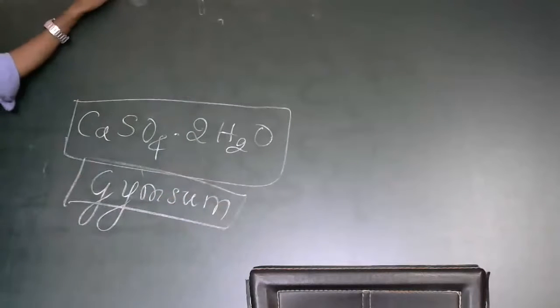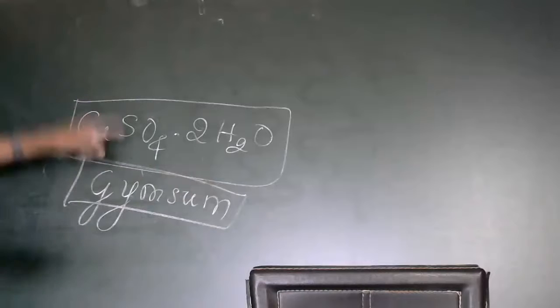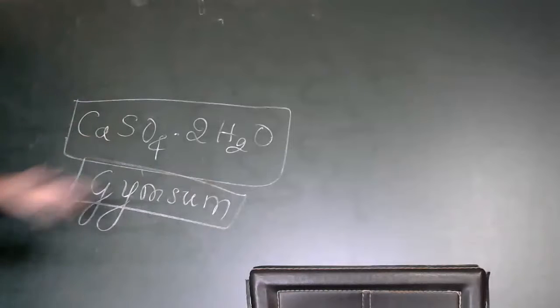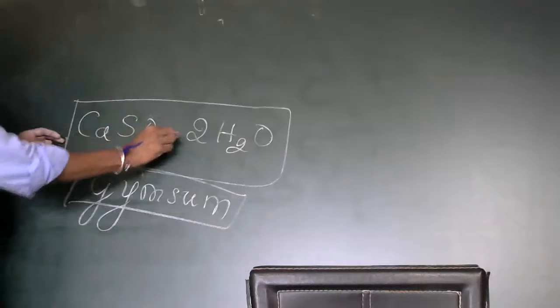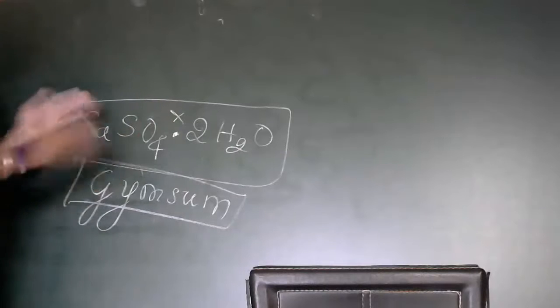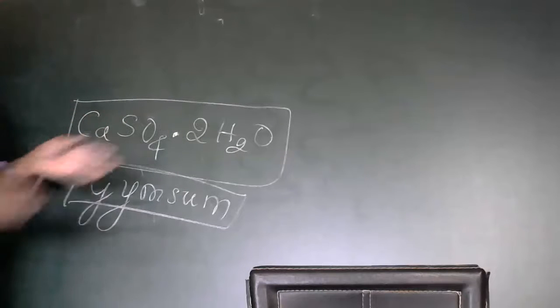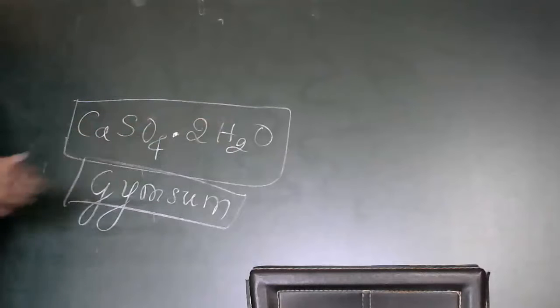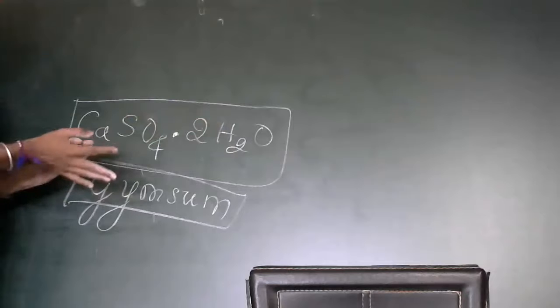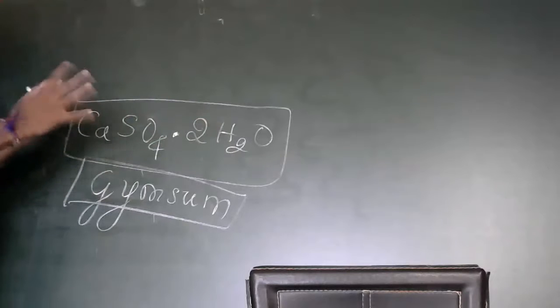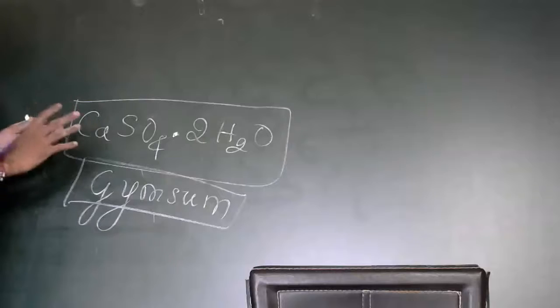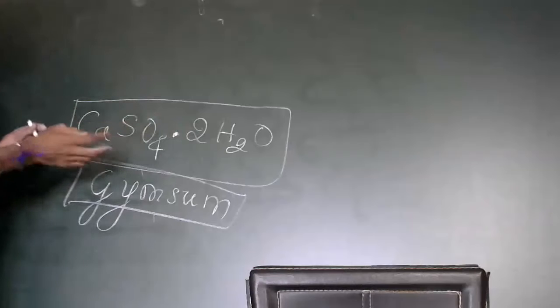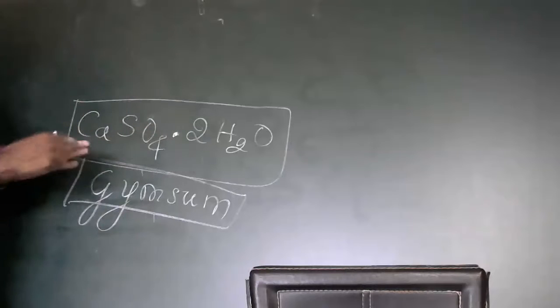It contains two molecules of water; the dot indicates multiplication, meaning for one CaSO4, two water molecules are present. It is not bonded. Remember, when you provide heat, it starts evaporating.